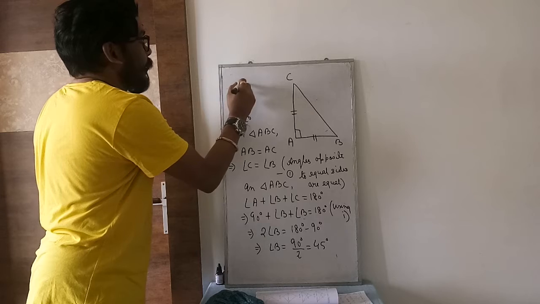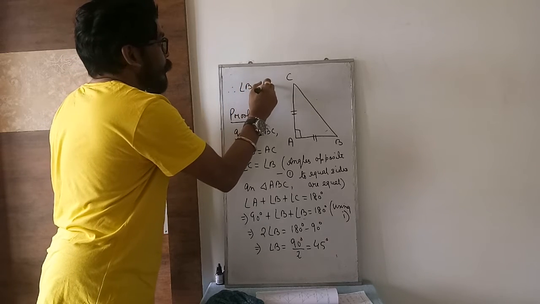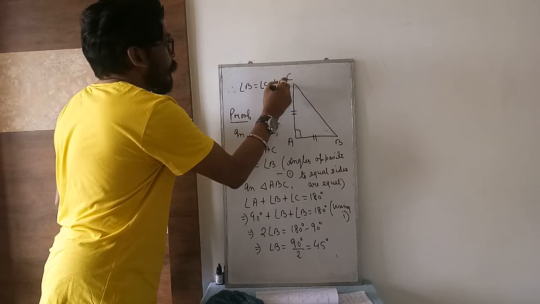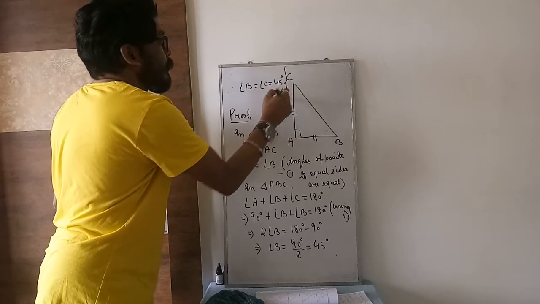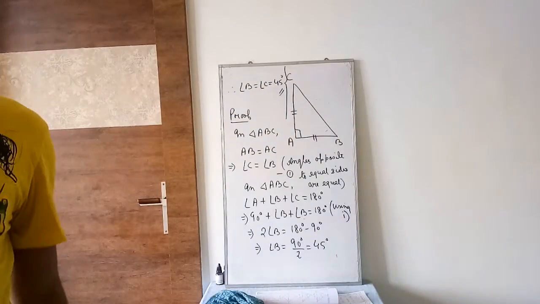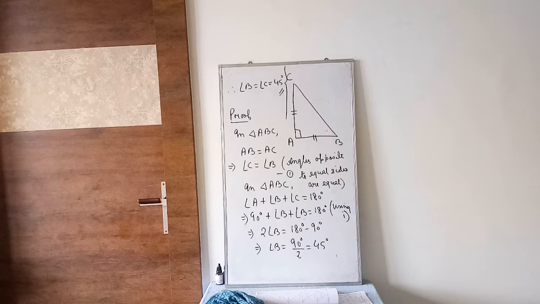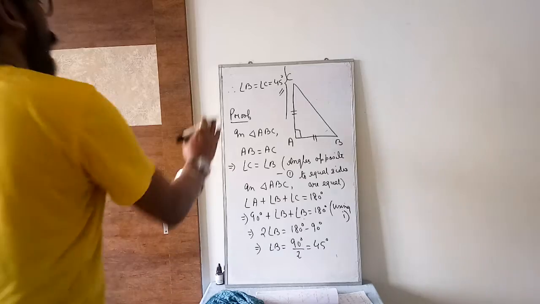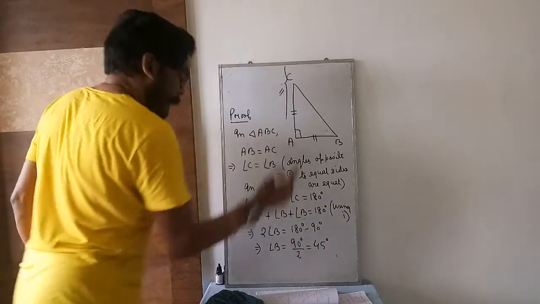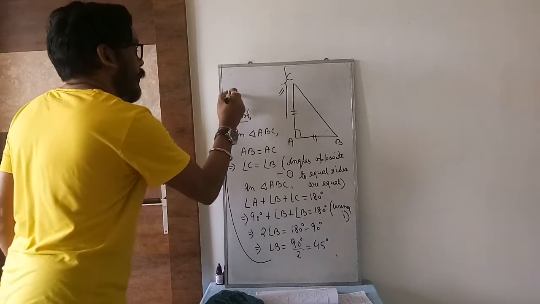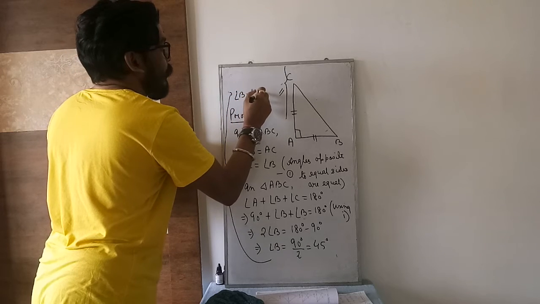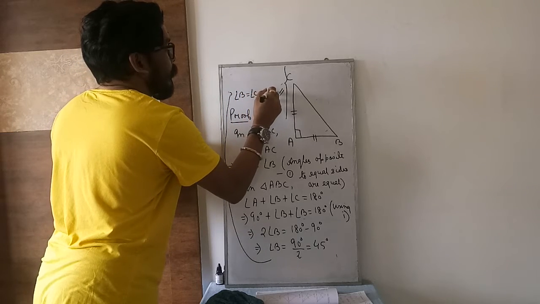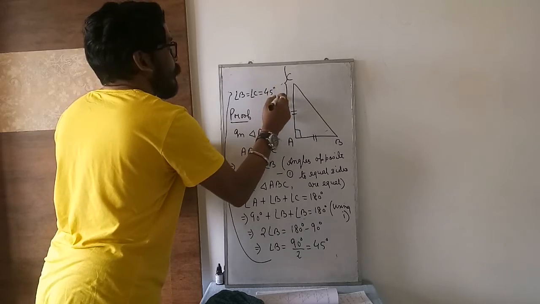At last you can write, therefore angle B equal to angle C equal to 45 degrees. Take the screenshot. Let me write this line properly.